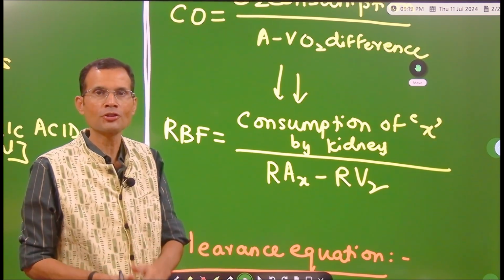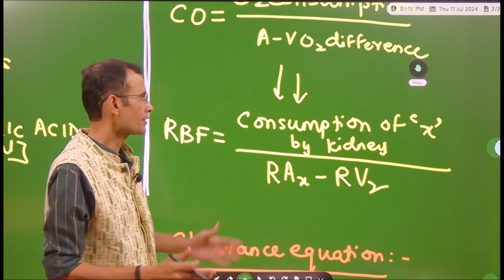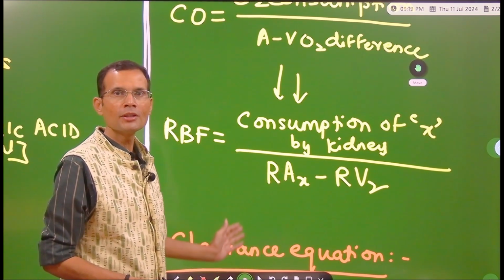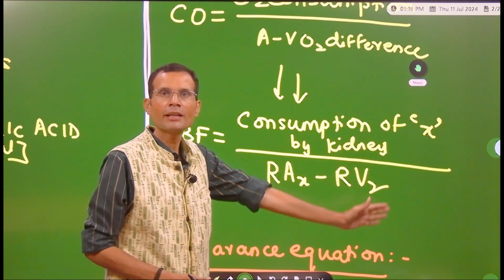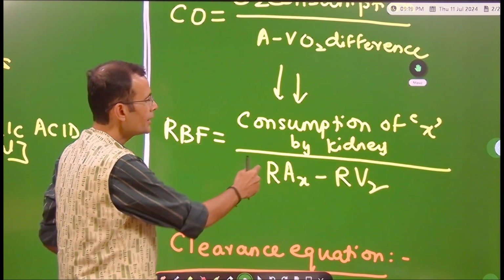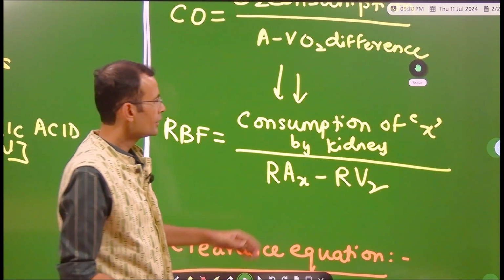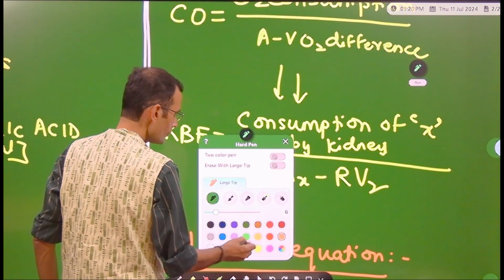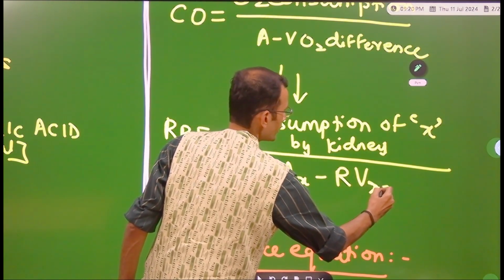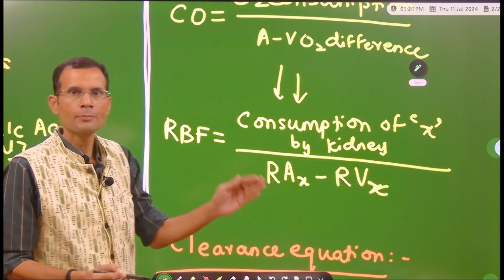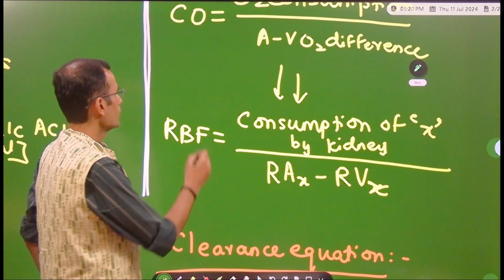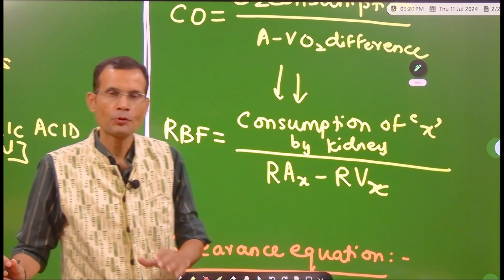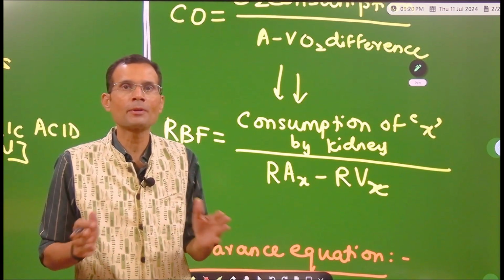In the place of oxygen, we are taking substance X, and therefore arteriovenous difference of X in the kidney, which I have written as renal artery concentration of X minus renal venous concentration of X. So that's arteriovenous difference of X in the kidney. This will give us the renal blood flow, all right, with the application of Fick's principle.